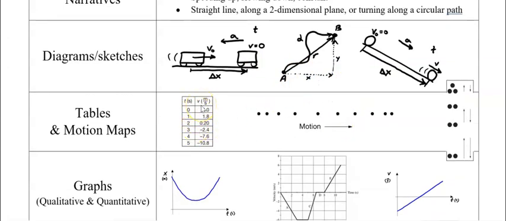Tables are going to be typically what we get from data collection, but they can come in multiple choice or free response, where the College Board problem is giving you data that you essentially collected, because you can't actually collect data on the AP exam. We can also do what's called a motion map. Now, I listed this in the table category, although College Board would say this is its own thing.